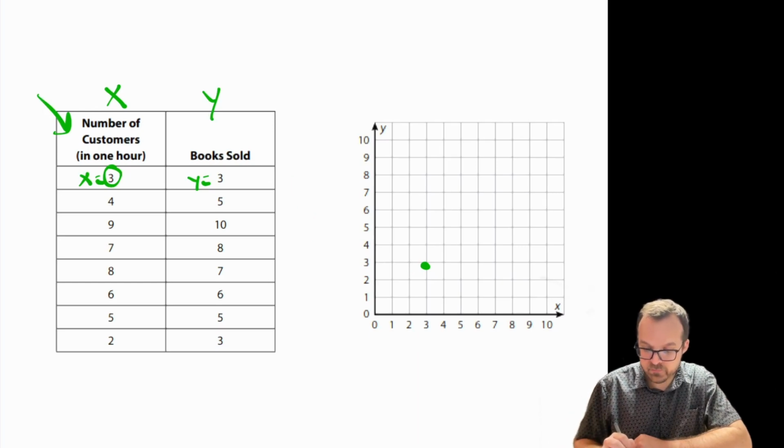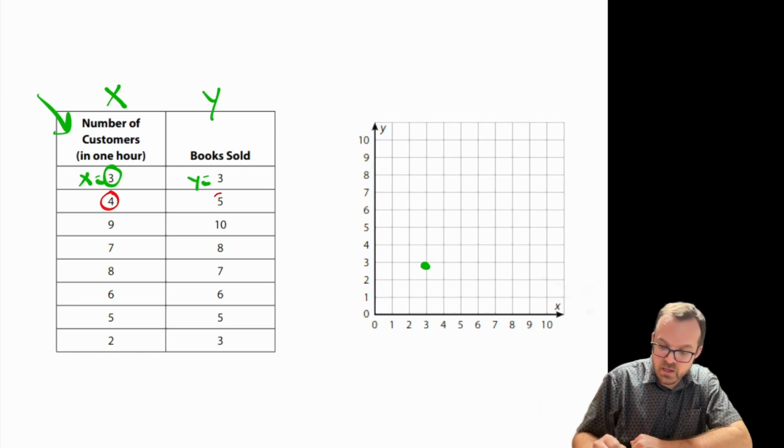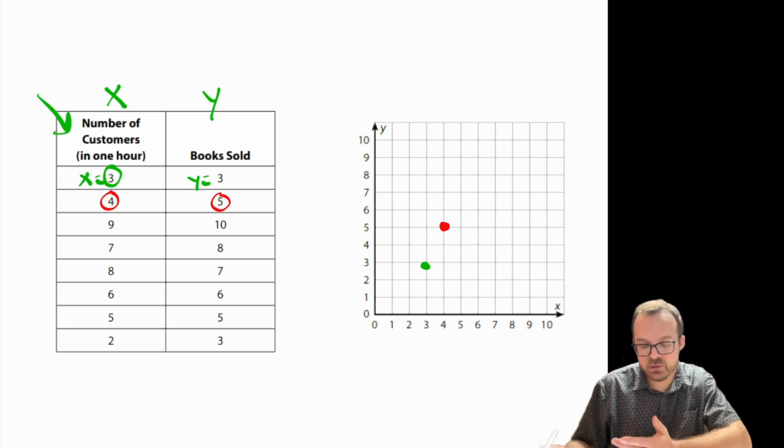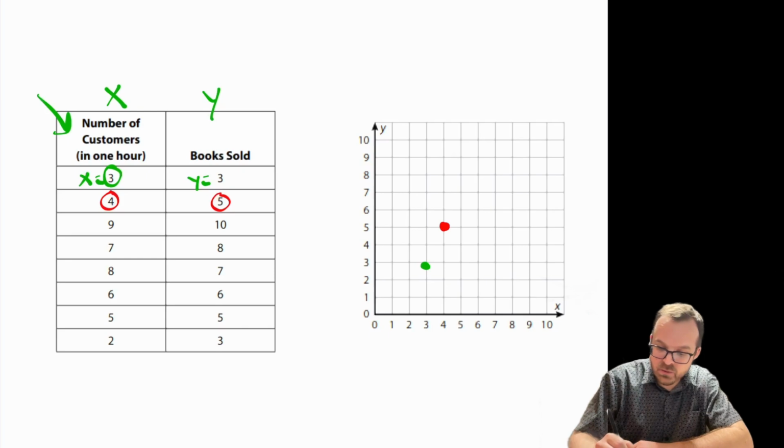All right, the next point, 4, 5. Number of customers is 4, and then my books sold is 5, right? And if it helps you, and you probably should do this anyway, label your X and Y values. I just haven't done it yet, but I will. So let's go ahead and label our X values.